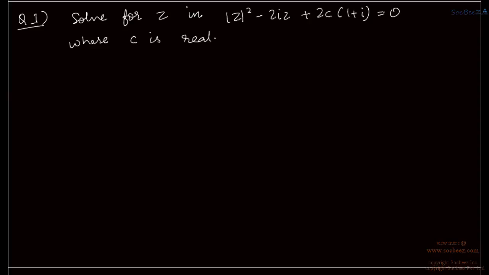Okay. So for this kind of question, let us write z as a plus ib, and let us substitute it in the equation, right? So the equation now is mod z square, which is a square plus b square, minus 2i into a plus ib plus 2c into 1 plus i, right?